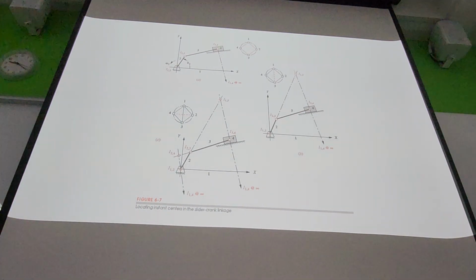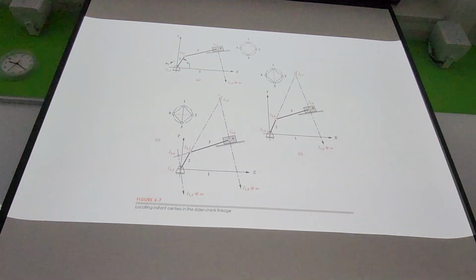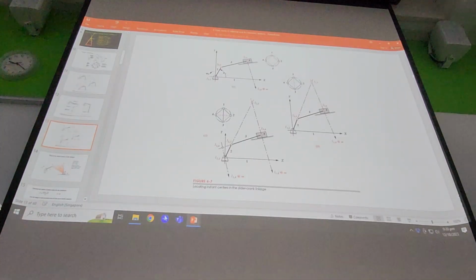In the same way, in the previous example which we did, the 4-bar linkage system, link 4 is moving vertically up and down, so the instantaneous center will be at infinity, perpendicular to the movement of the link. Alright, so you have to recall this.